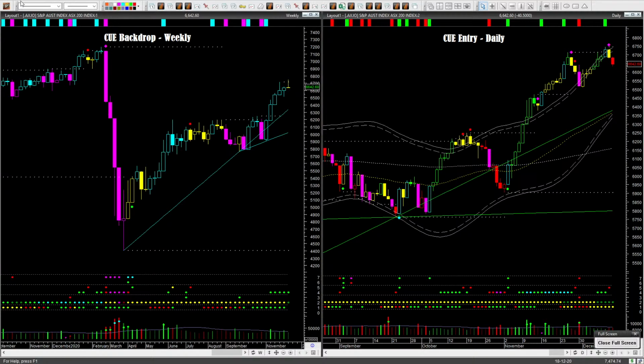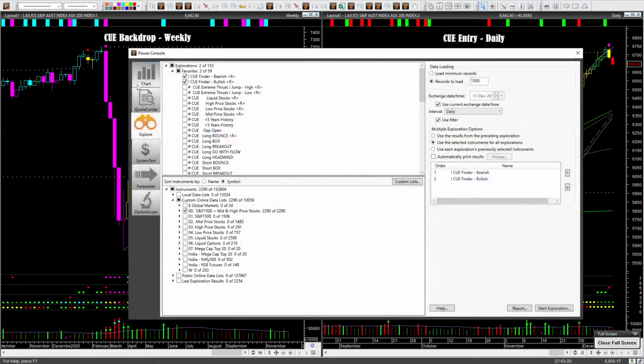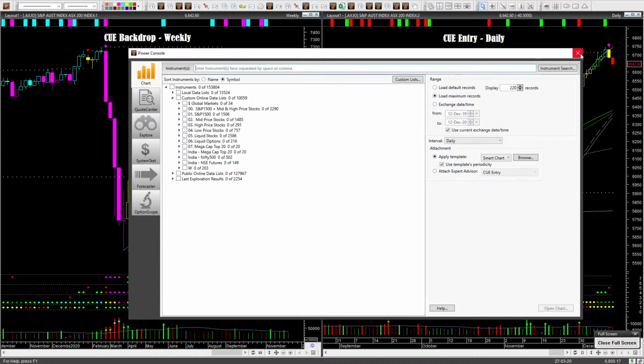You see the Metastock menu is gone, but the Q menu is still there, the custom menu. So I have access to all the different Q functions, and of course I have access to P, the power console, where I can go to run explorers if I want to.